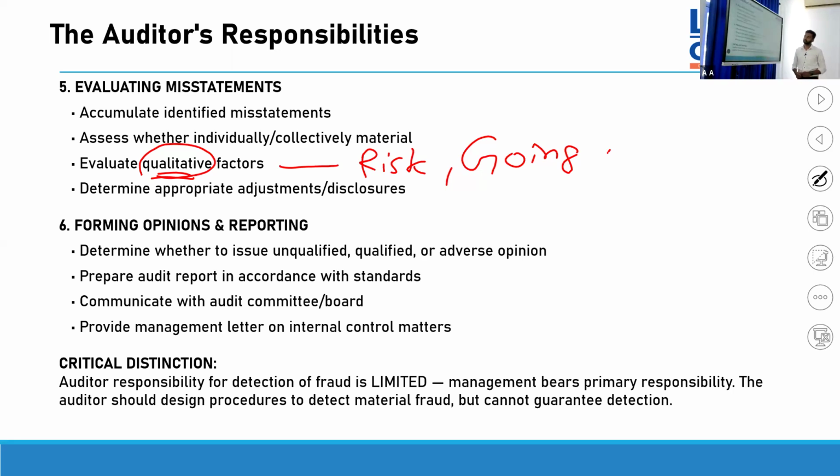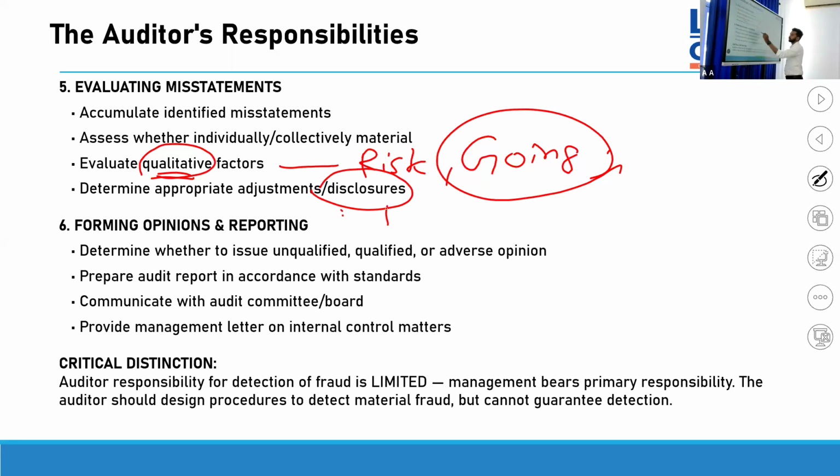Finally, determine appropriate adjustments or disclosures, right? Let's say there is a going concern issue, but management has failed to disclose such a thing. We can communicate with them. If they provide clear disclosure, then it is okay. If they fail to provide it, we must make the disclosure, as well as we must add a paragraph in our audit report.